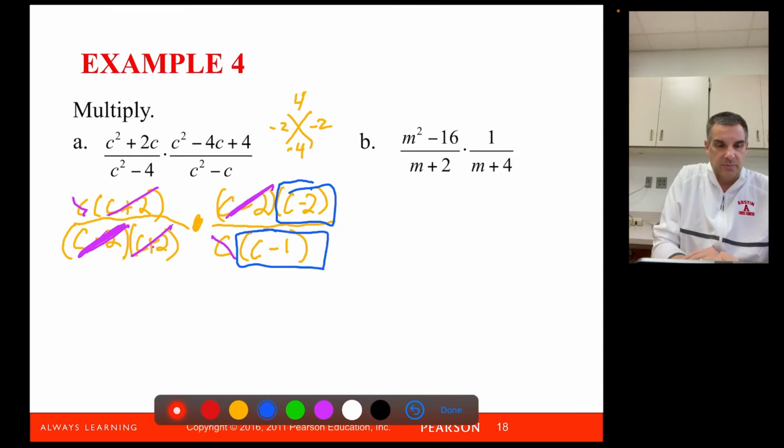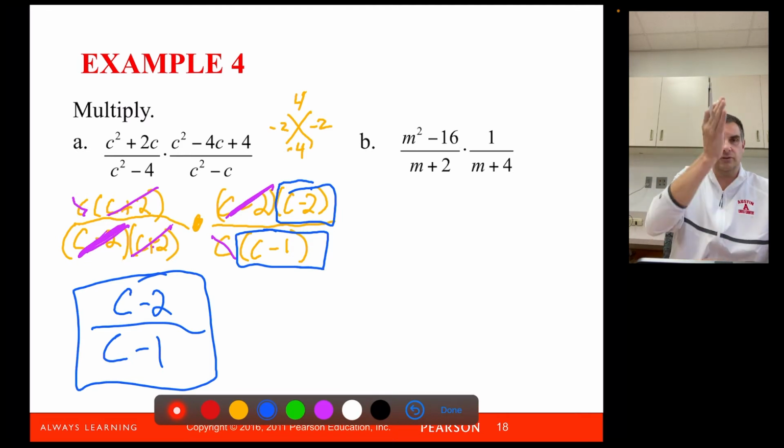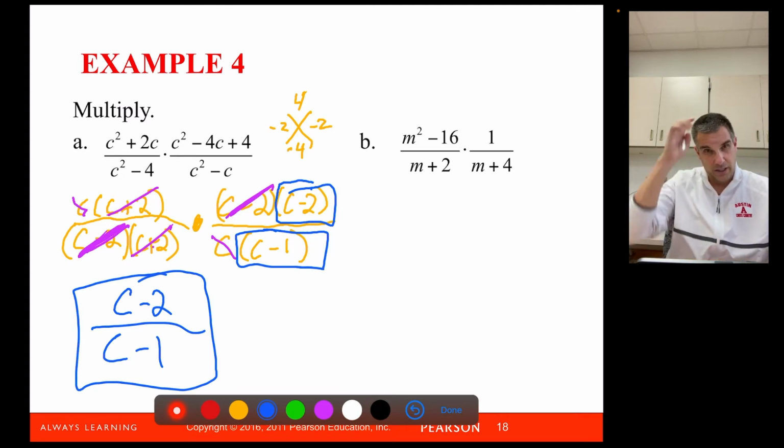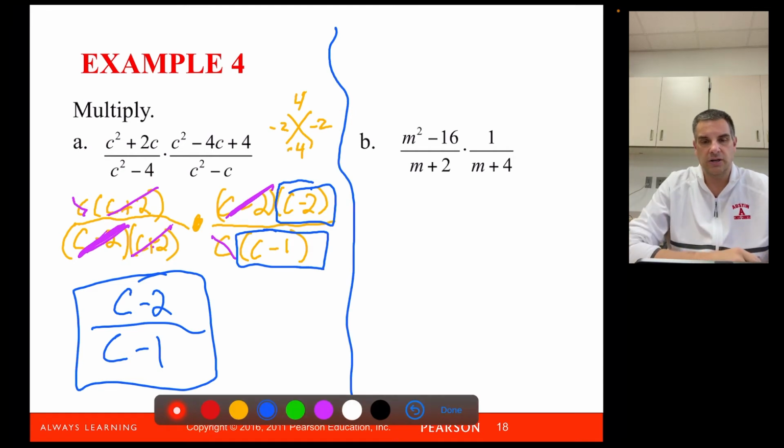So that's going to be my solution. c minus 2 over c minus 1. And again, keeping in mind, just like yesterday, we can't cancel those c's out. It doesn't work that way because we've got that 2 and that 1 subtracted from it. And you're done.